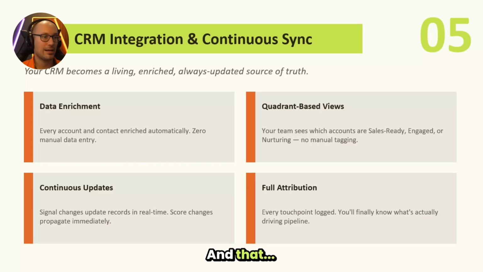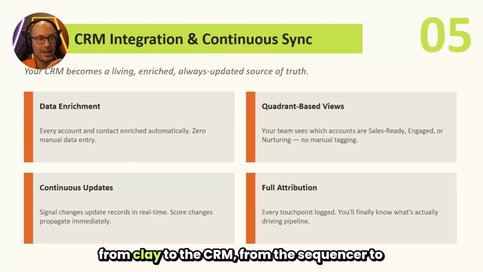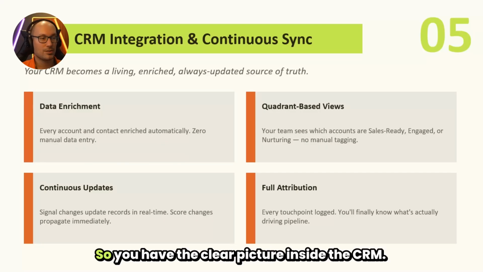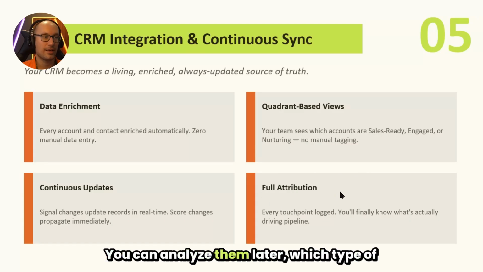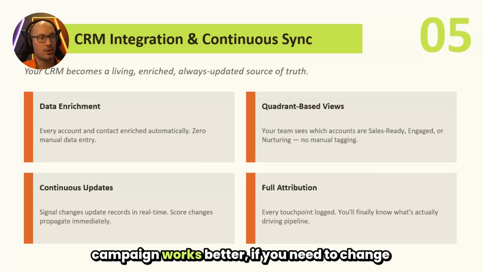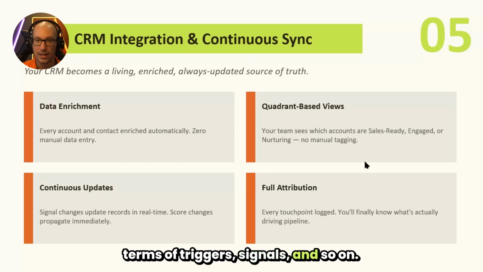That source of truth is your CRM. So you need to connect it back from Clay to the CRM, from the sequencer to the CRM, so you have the clear picture inside the CRM. You can have full attribution as well. You can then analyze later which type of campaign works better, and whether you need to change the parameters in terms of qualification, triggers, signals, and so on.